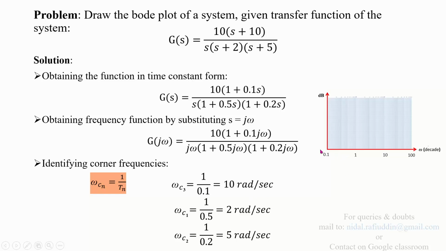We are going to select the first point on the x-axis, which should be less than the smallest corner frequency. So we can select 0.1 followed by 1, or we have the option to start from 1. It's because 1 is smaller than 2 and 0.1 is also smaller than 2. But we prefer drawing from 0.1 because we are going to have the turns corresponding to the corner frequencies.